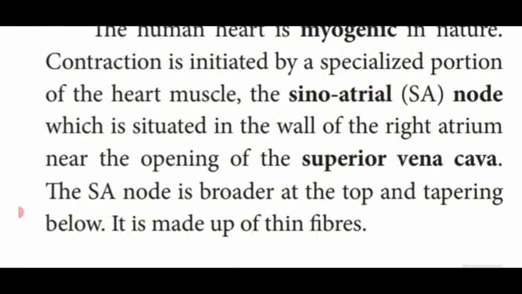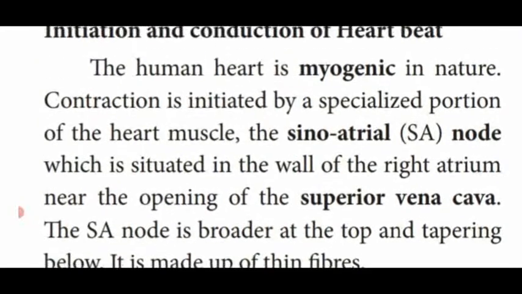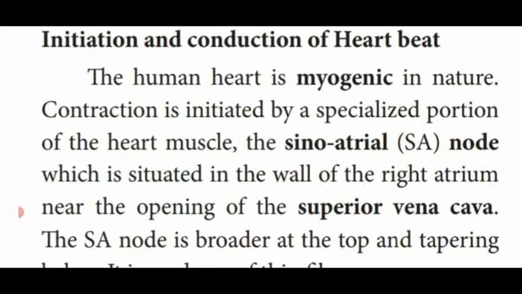This SA node is broader at the top and tapering at the bottom. It is made up of thin fibers. So the human heart is myogenic in nature. Contraction of cardiac muscles initiates the heartbeat.